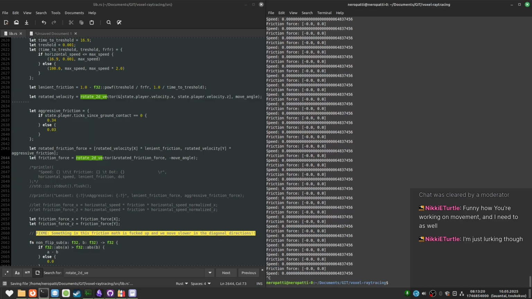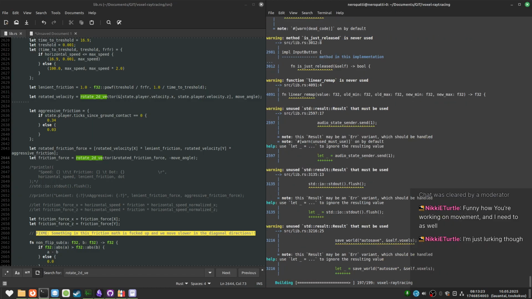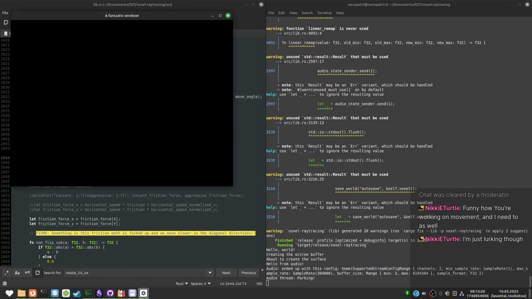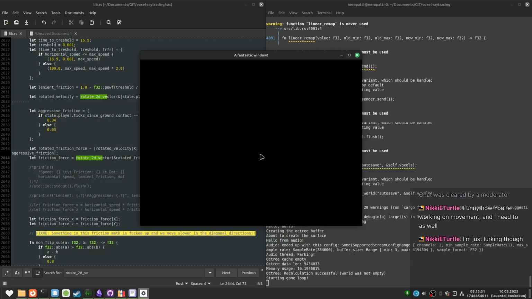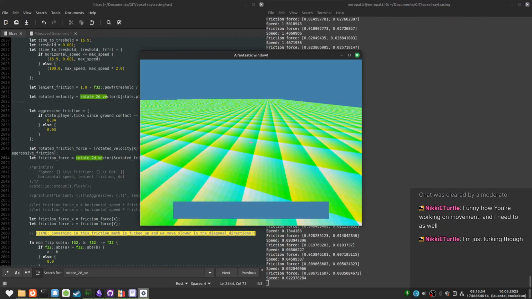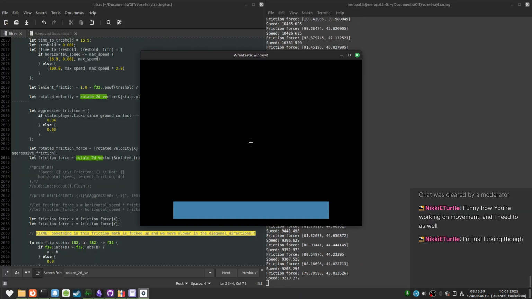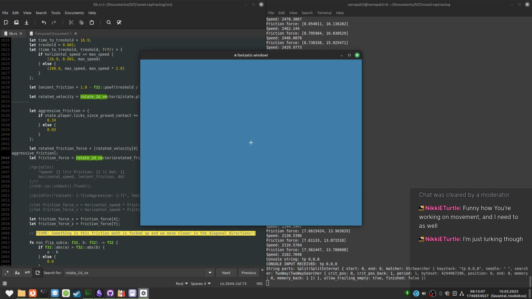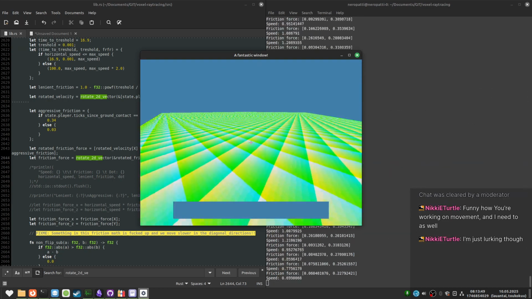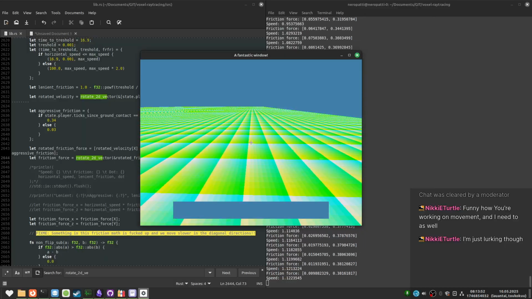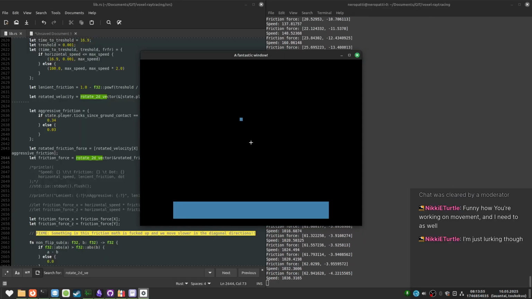What if we just rotate by the negative move angle there? Hopefully that works. It does not work like that. You gain some speed.